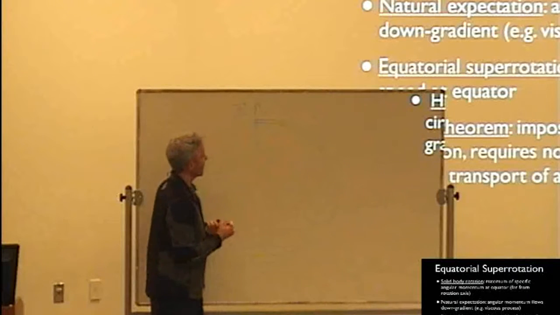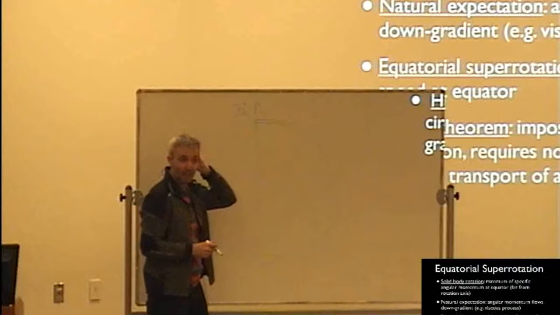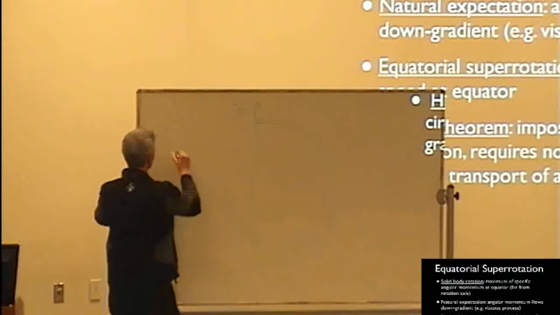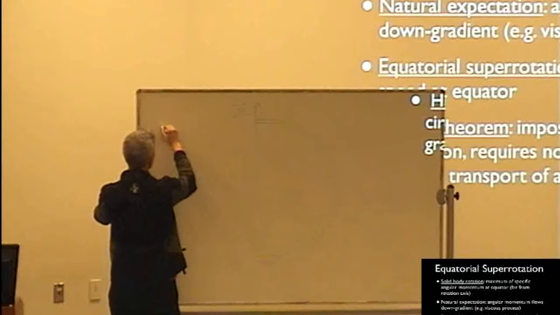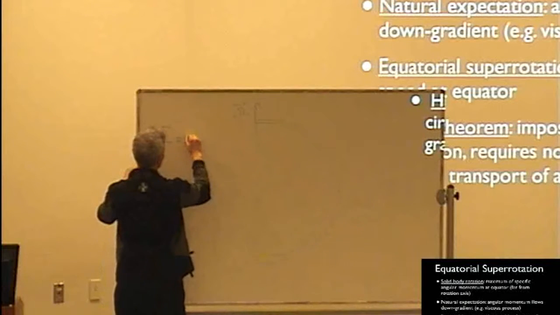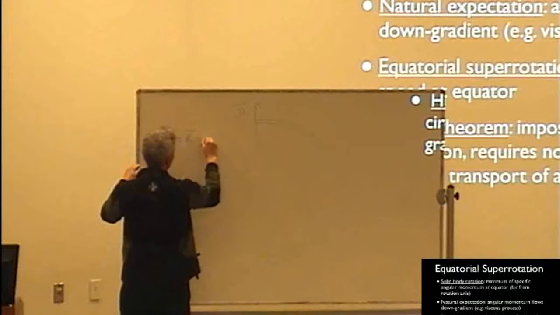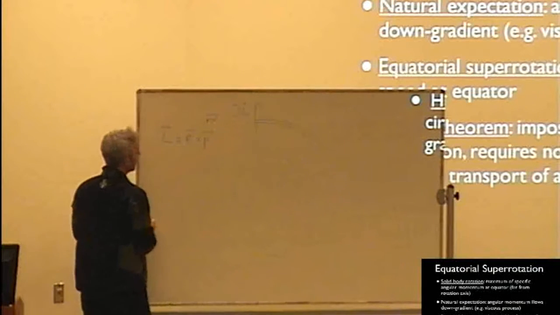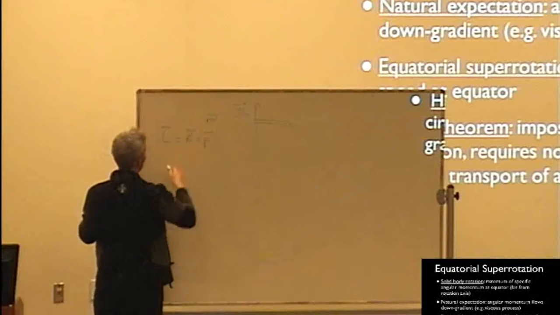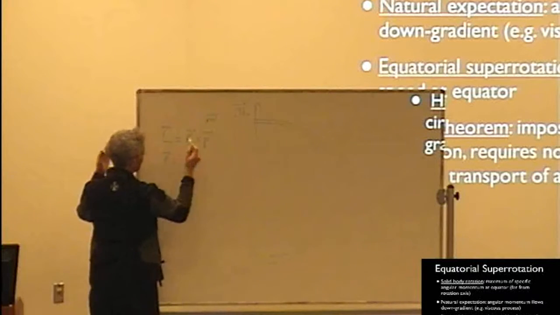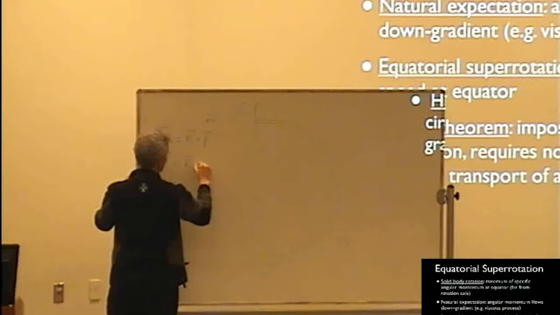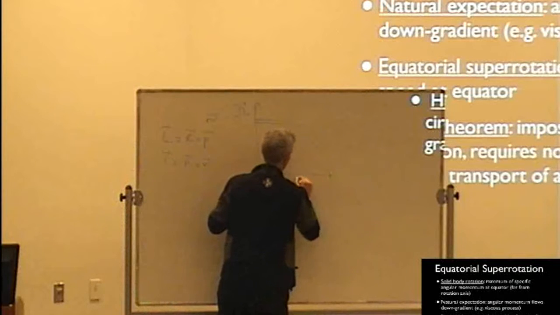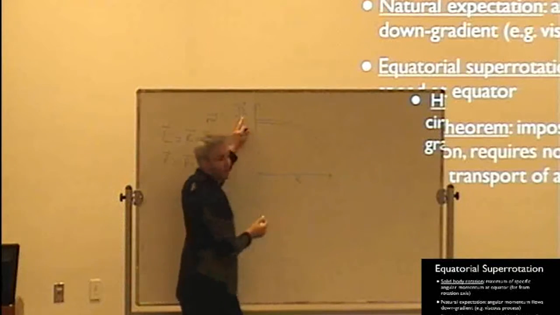So then if you ask yourself what's going on with angular momentum in that atmosphere? Again, looking from an inertial frame, my angular momentum vector is going to be the product R times P, where P is mv, the linear momentum. If I do it per unit mass, the angular momentum of the parcel is R cross V, where R really is the cylindrical distance away from the rotation axis.